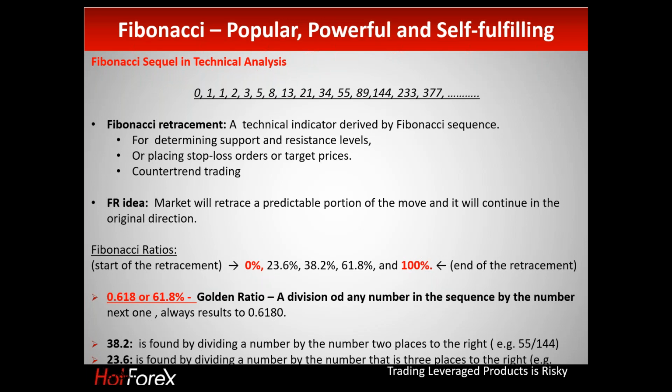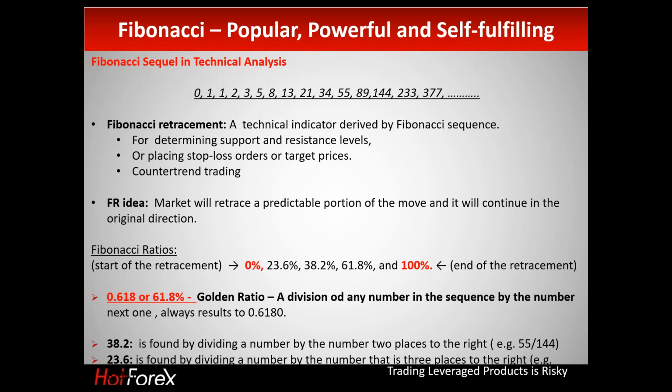So the Fibonacci retracement is based on the idea, guys, that markets will retrace a predictable portion of a move, after which they will continue to move in the original direction.